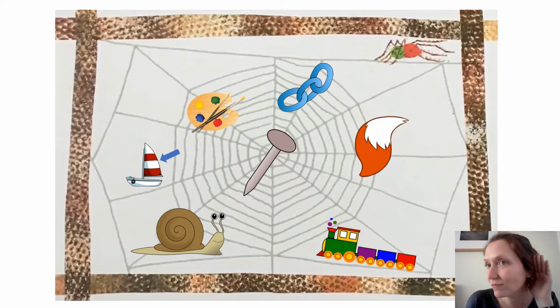Let me hear you. Oh, I heard somebody say nail. Yes, well done. Right in the middle of her web is a nail. And what else can you see? Shout it at me. Oh, well done. I heard someone shout chain. Paint, snail, train, nail, chain. What else can you see, guys? Let me hear you.